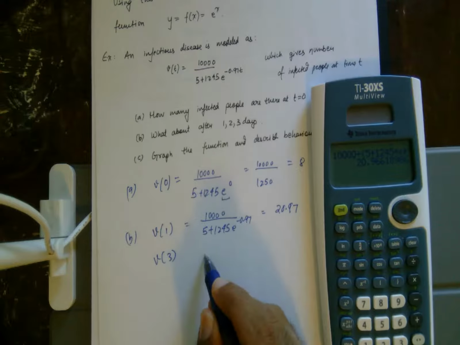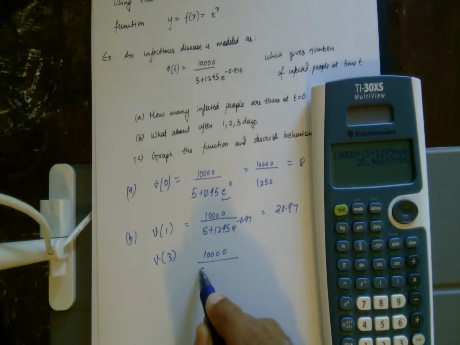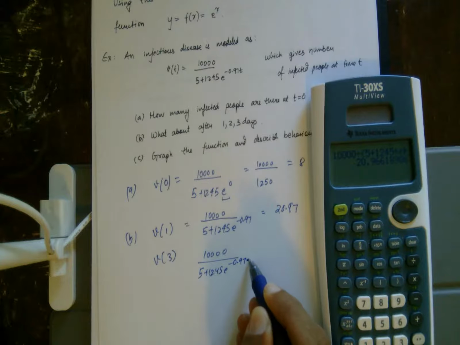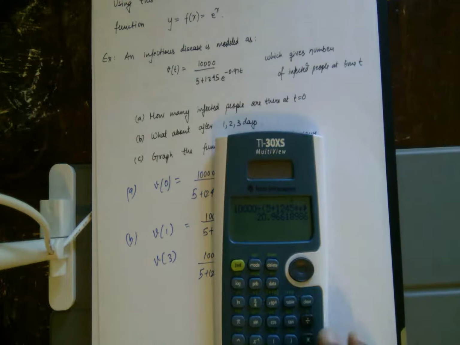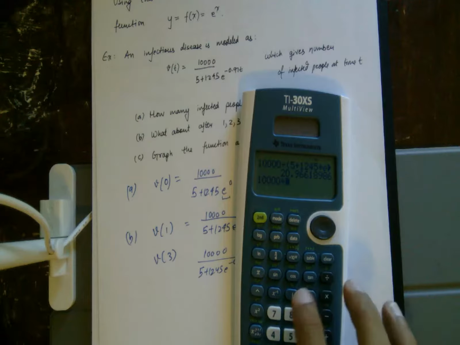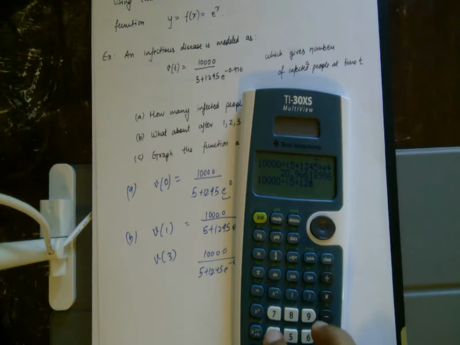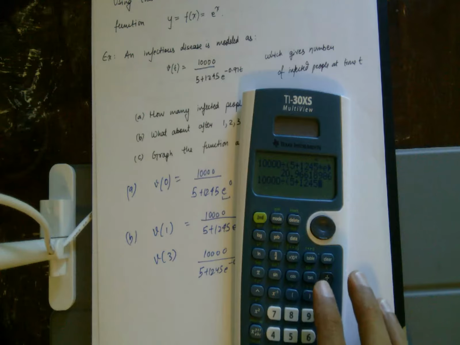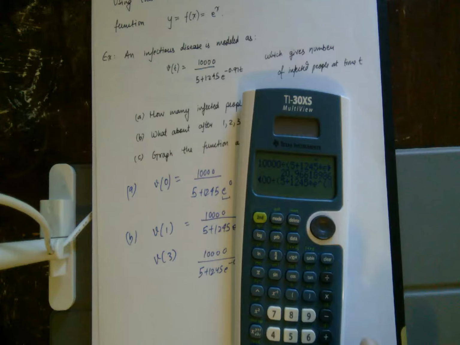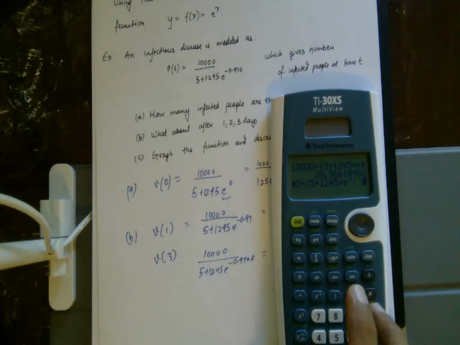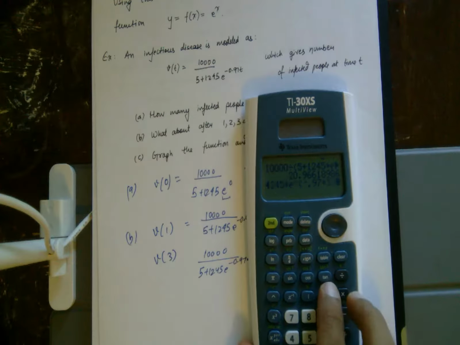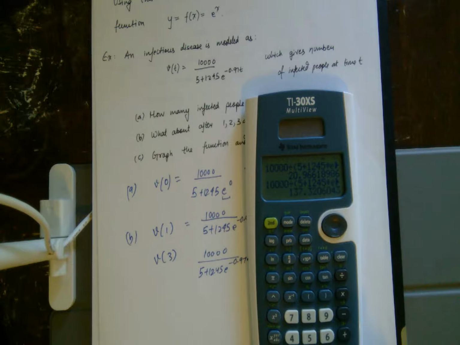The same thing for 3: 1245 e to the negative 0.97 times 3 now. So let's see what that is. 10,000 divided by 5 plus 1245 times e to the power negative 0.97 times 3, 137.